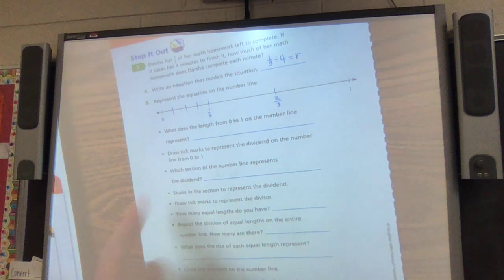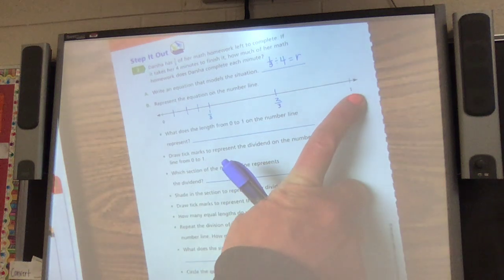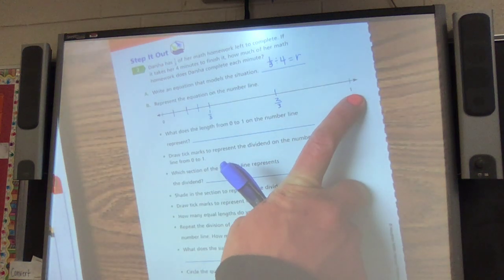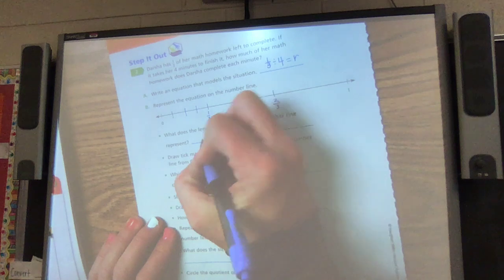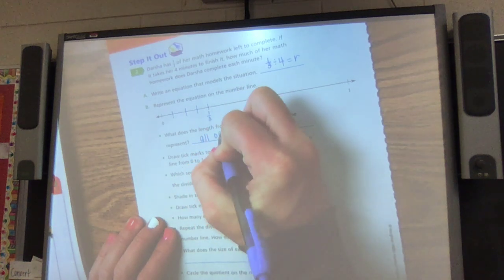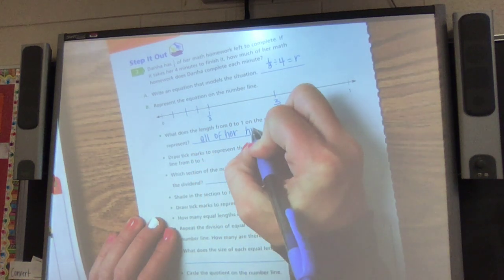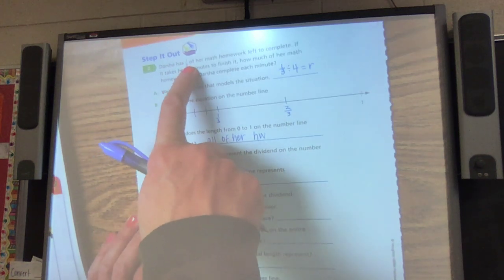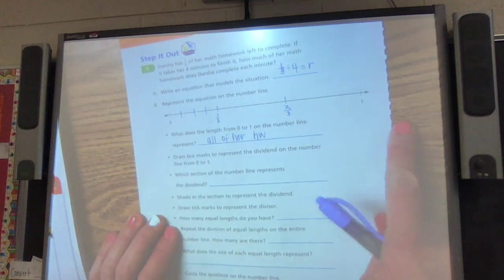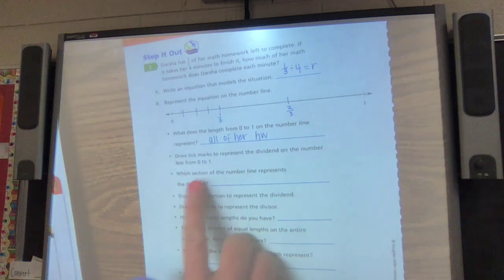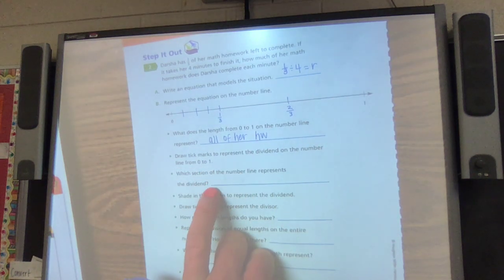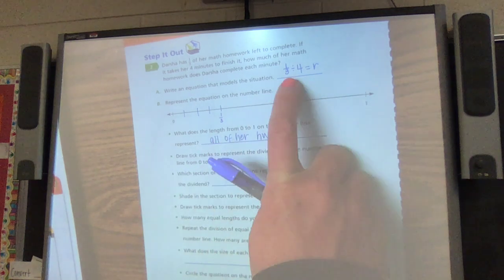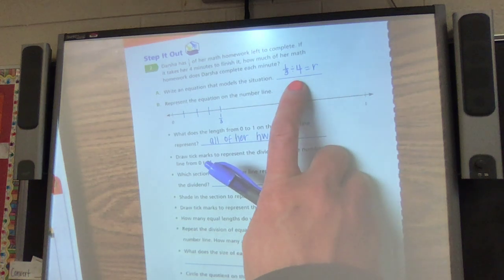So we've got our 4 parts. Now, from 0 to 1, what does that represent? That would be all of her homework, because she only has a third of it left. So that's the whole thing of homework. Draw tick marks. Which section of the number line represents the dividend? Remember, dividend is what's being divided.